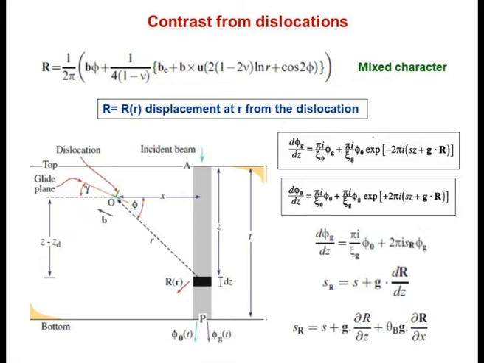The effect of this dislocation is that in the region far away from it, the atomic positions will be slightly shifted. This shift is going to affect the intensity of the transmitted as well as the diffracted beam at this particular point. This we can calculate throughout that sample. That's essentially what is being done in this case.